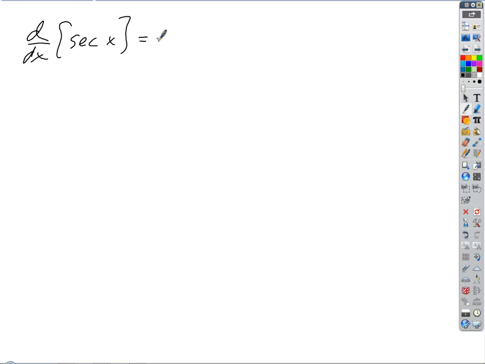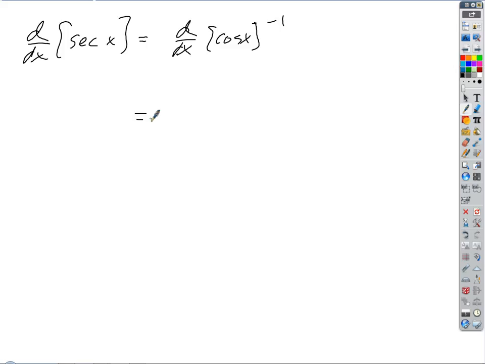Okay, so we write it as the derivative with respect to x of 1 over cosine, which is the same thing as cosine x to the -1. Okay, well, now we can do this. We couldn't have done that before, but now this is easy with the chain rule, right? So what I've really got here is just u to the -1.